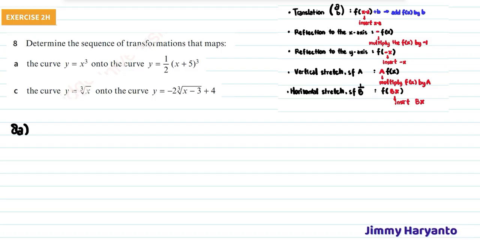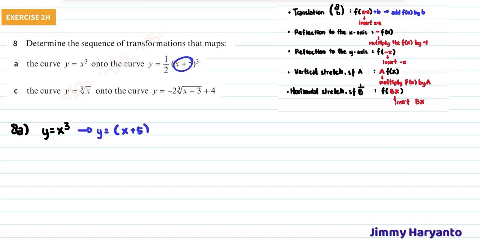8a, we need to determine the sequence of transformation that maps y equals x to the power of 3. For this one, I want to separate it like this. I want to do this one first, so we input x plus 5 and then cube. And then the second one is y equals, I want to multiply it by half.